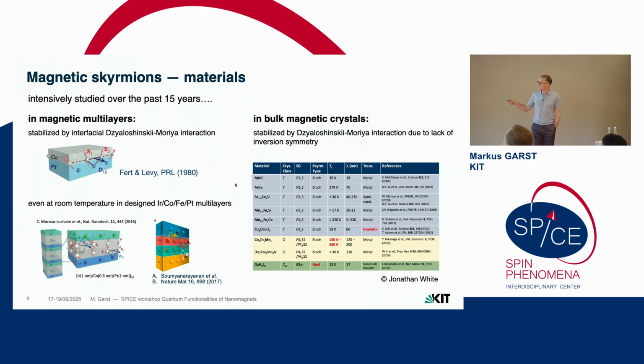In magnetic multilayers, naturally at an interface, the inversion symmetry is broken, and it was pointed out by Albert Fert and Levy that a Dzyaloshinskii-Moriya interaction arises at the interface due to this lack of inversion symmetry. This DMI interaction in turn is able to stabilize skyrmionic textures.